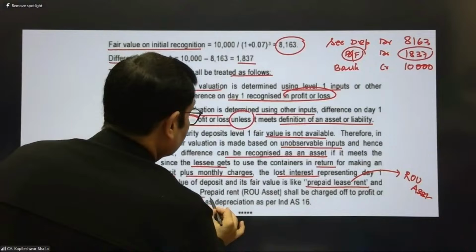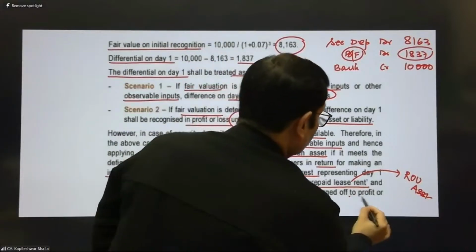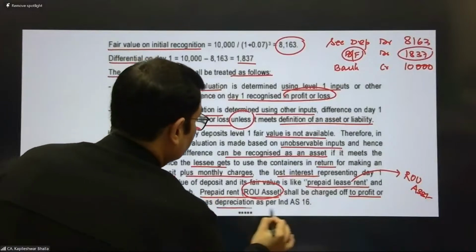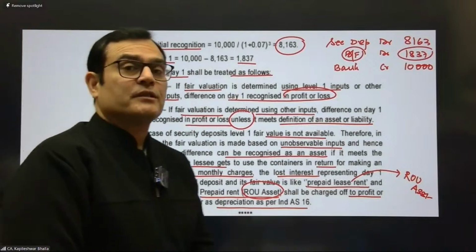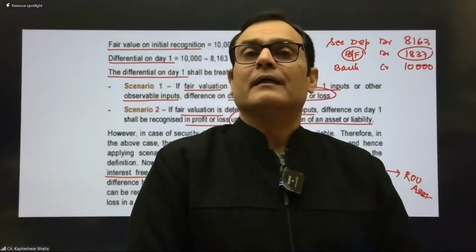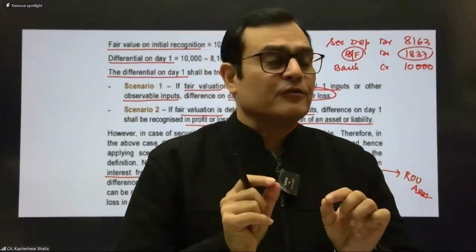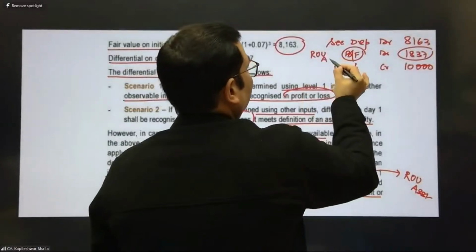The prepaid rent, as is mentioned, the ROU asset, shall be charged off to the profit and loss on a straight line basis as depreciation as per Ind AS 16. So in this particular case, even the ROU asset is depreciated based on Ind AS 116, which is on similar lines to Ind AS 16. So this difference in this particular case is going to be called a right of use asset.